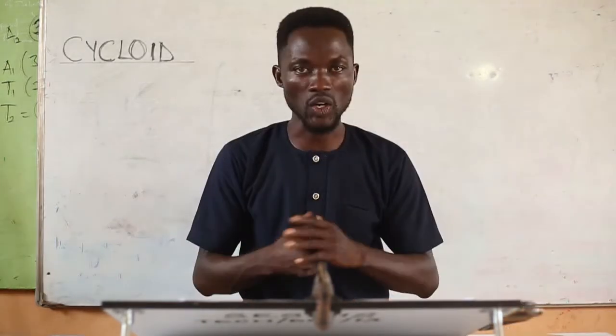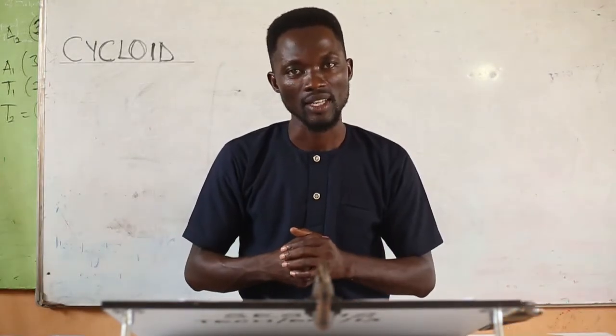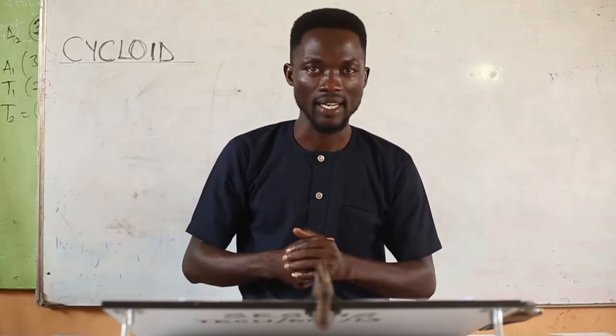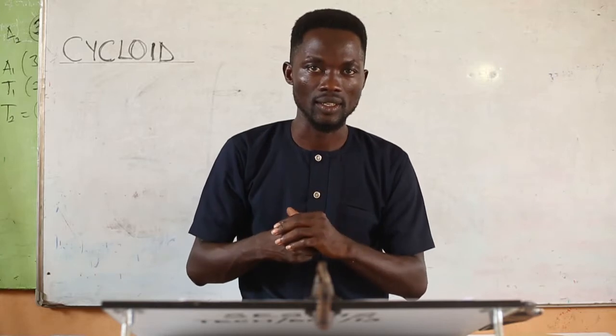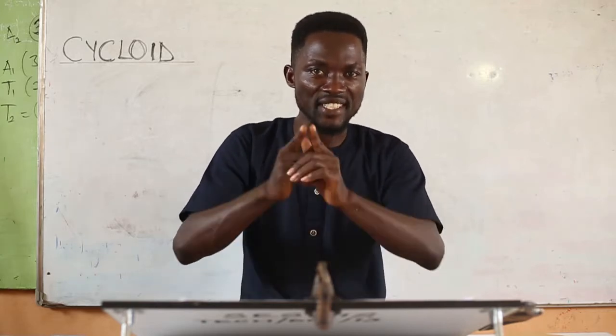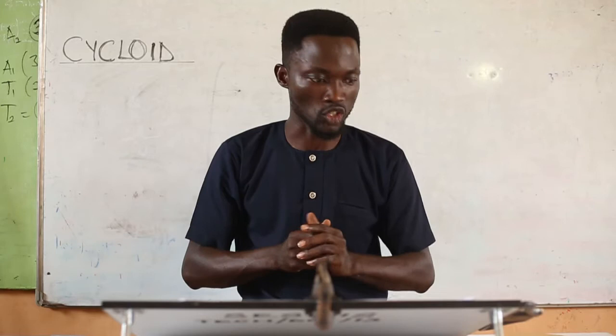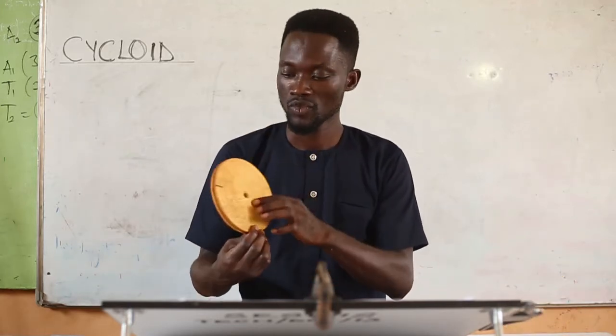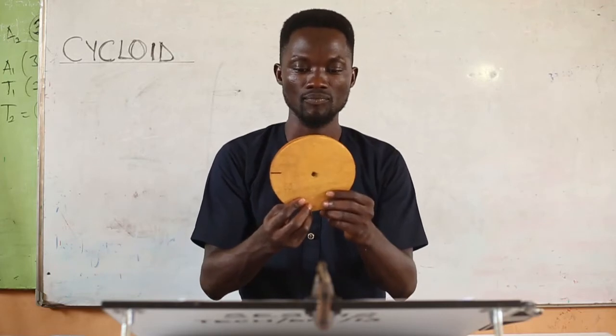Today, we are going to practice how to construct a cycloid. A cycloid is a curve generated by a rolling circle on a fixed straight line. So, this is a TLM, a circular object.